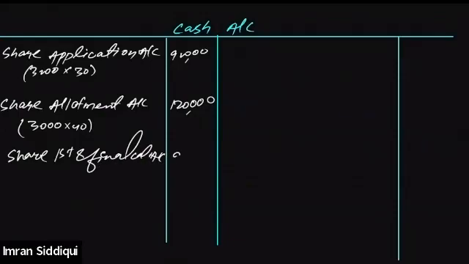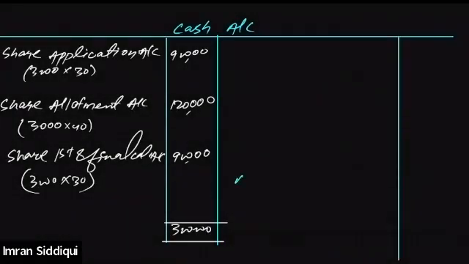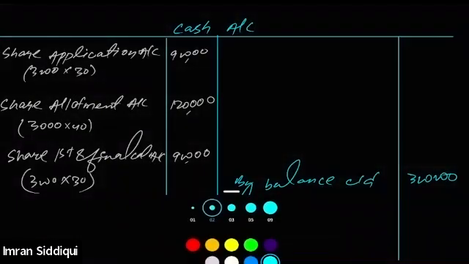This was 90,000 as well, 3,000 into 30. Okay, now we will close this account. So this one is 3 lakh. And on the other side, the balancing figure can be written as balance c/d, 3 lakh.